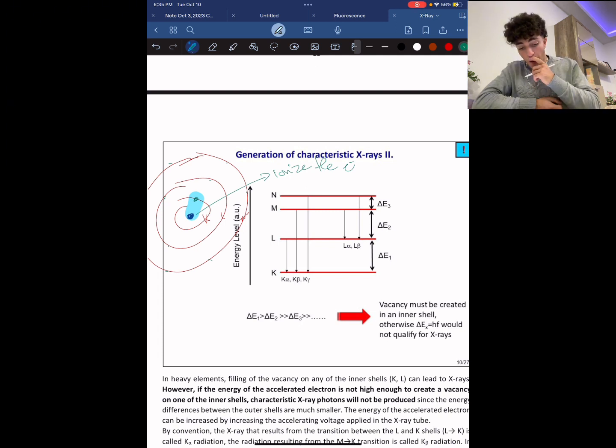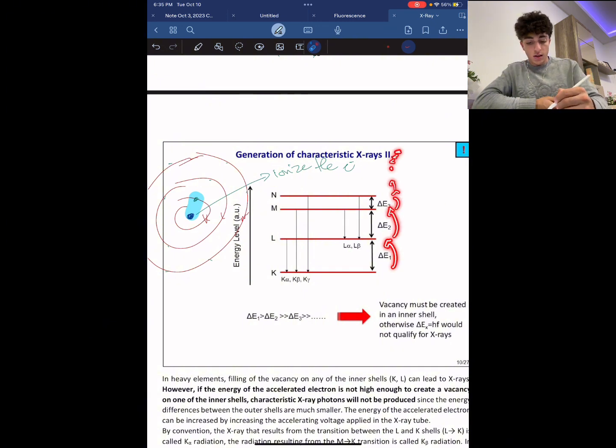Now, as we increase, this energy gets smaller and smaller, as we can see here, until eventually it's barely even in the atom. Okay? What does this show? In a characteristic X-ray, we know that we need a lot of energy to create this photon, an X-ray photon. So we need a big energy change to create this photon.